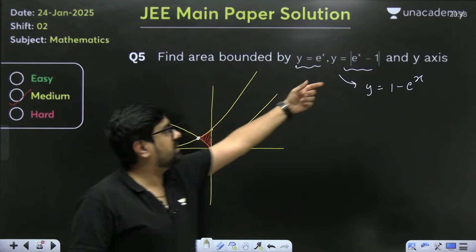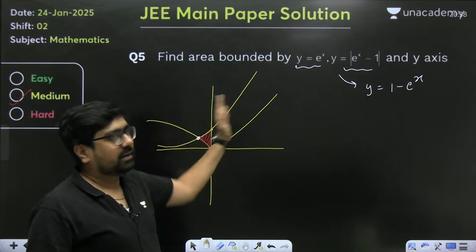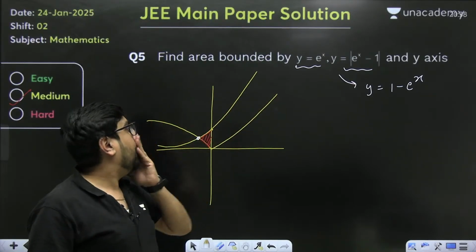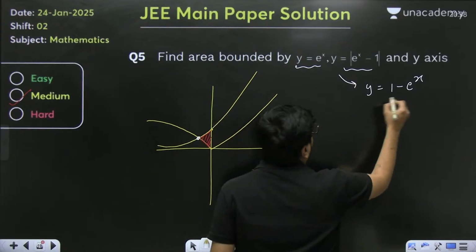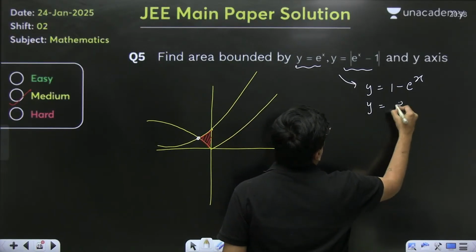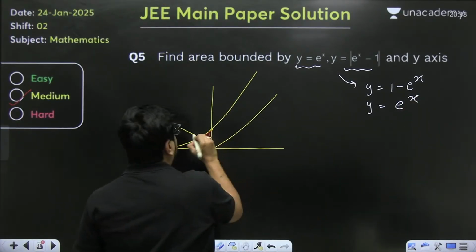Because there is mod over here, it will be different on both sides, but this curve will remain the same. So we'll solve y equal to 1 minus e to the power x and y equal to e to the power x together to find this particular point.